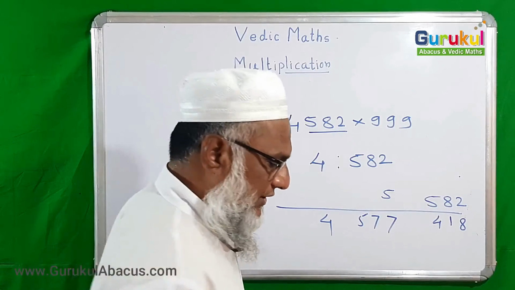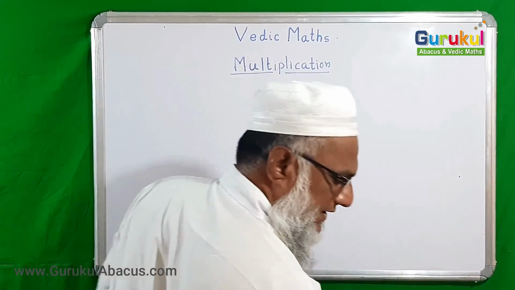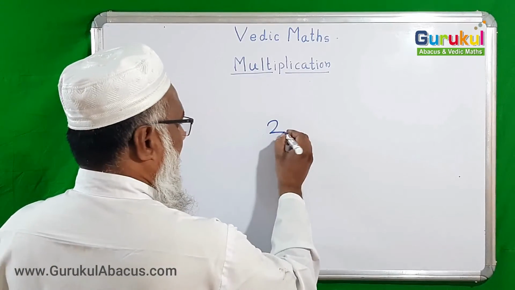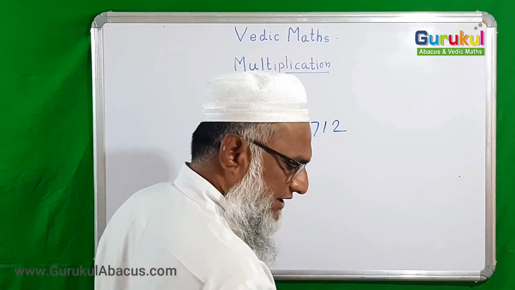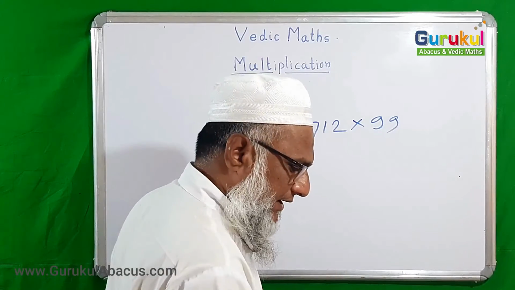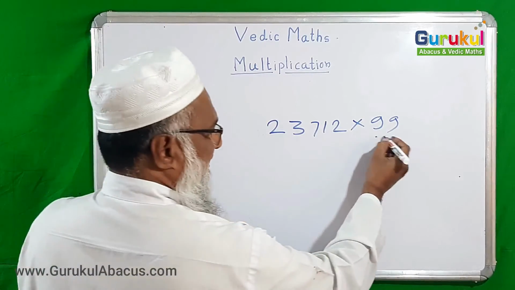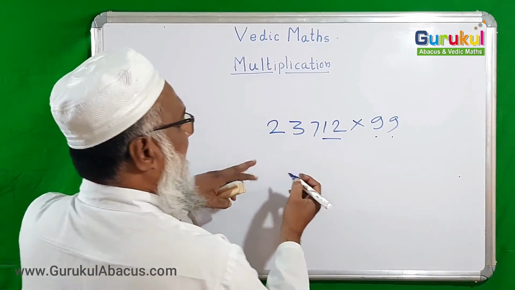Now one more different example we can solve from this method, that is 23,712 multiplied by 99. Now here 2 digits are there in the greatest number, so only those 2 digits I will keep after the colon.